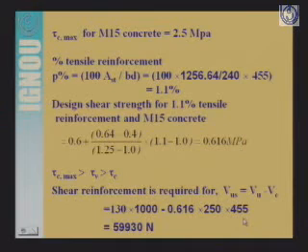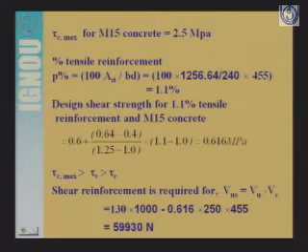Means we have to design the shear reinforcement, and as I told you in the previous session, we have to design the shear reinforcement for a value of shear force that is over and above VC. Means this is VU, the design shear force, now VU minus VC.